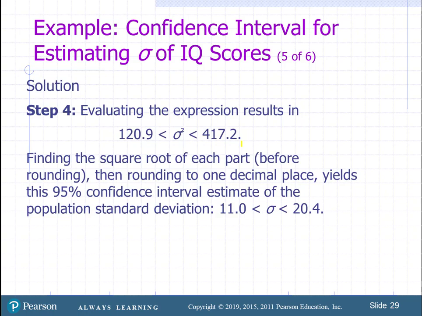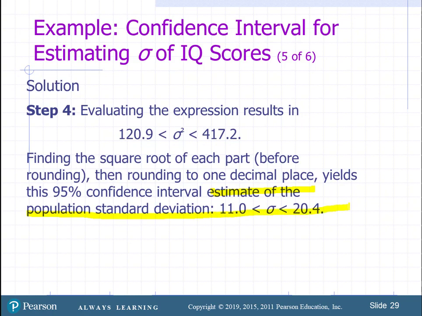Okay, now we used a real data set here, so I'm going to assume that the data was reported to the nearest whole number because we reported this to one decimal place. But we didn't want to know what the variance was. We wanted to have an estimate of the population standard deviation.